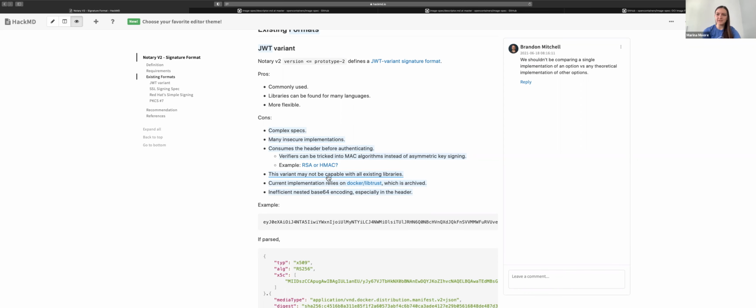I don't know if that's a fundamental problem or if it's just a hard thing to get right, but I think a lot of these relate to implementations of JWT that have had issues.